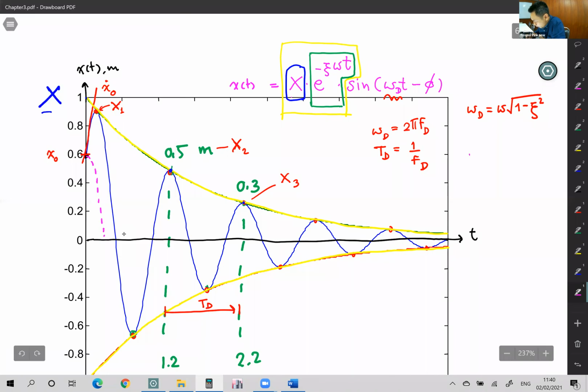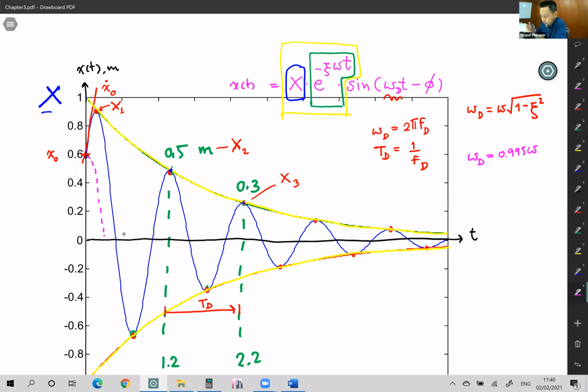So my omega d can be equal to 0.995 of omega. I already used a very high damping ratio, 10%.